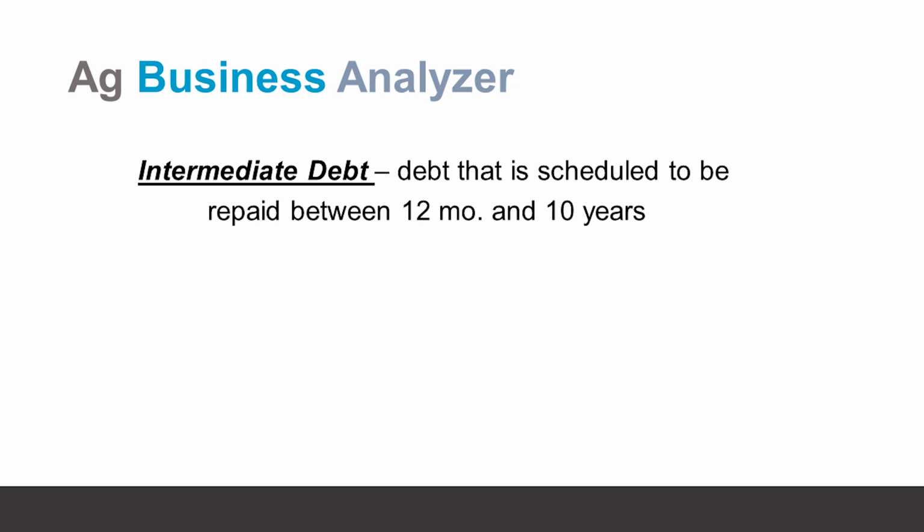Again, looking at our definitions, intermediate debt is debt that is scheduled to be repaid between 12 months and 10 years. So examples of intermediate term debt are typically things like loans for vehicles, loans for equipment, very often loans for breeding livestock, those kinds of things.